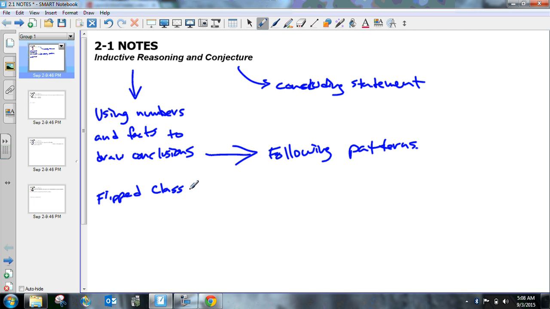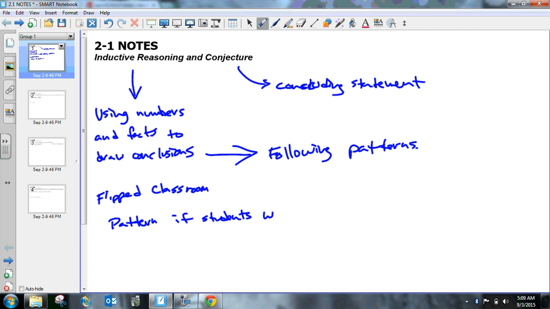What I've noticed with the flipped classroom, the pattern that I see, well, the pattern is kind of also my conclusion.